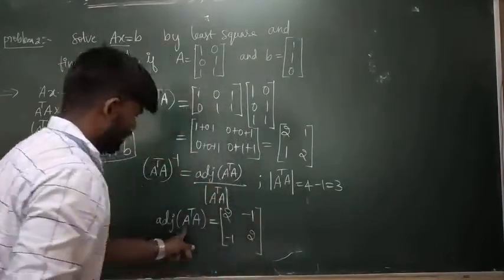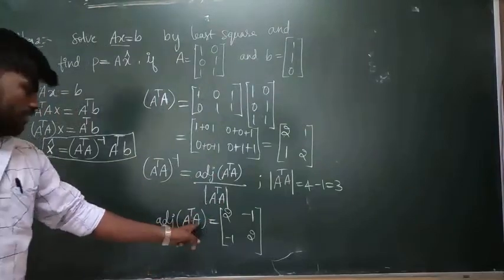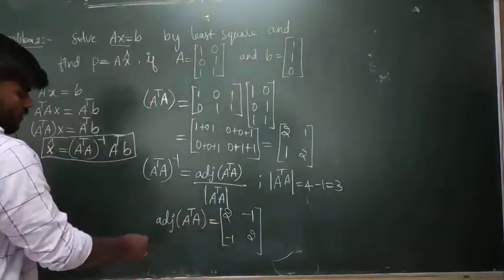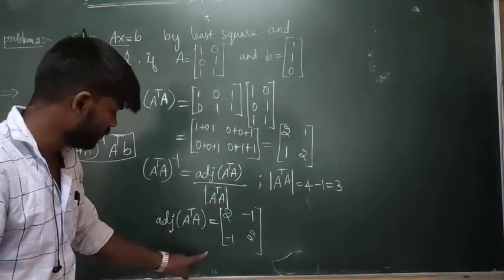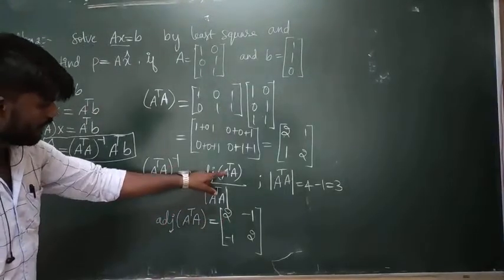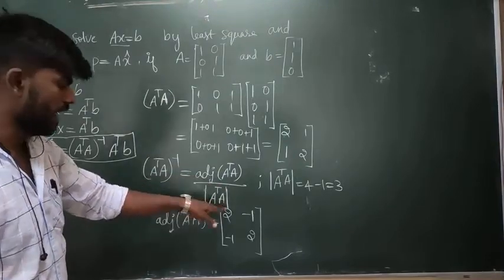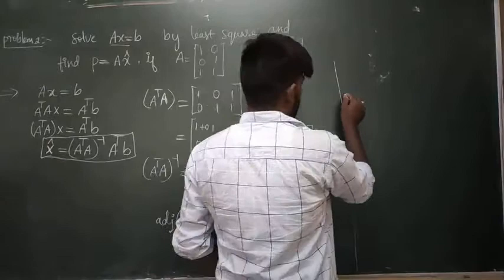This is the shortcut for the adjoint of a 2 by 2 matrix; by using cofactors we also get this. Therefore, (A transpose A) inverse means the adjoint of A transpose A divided by the determinant of A transpose A.